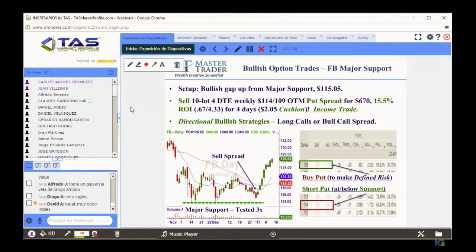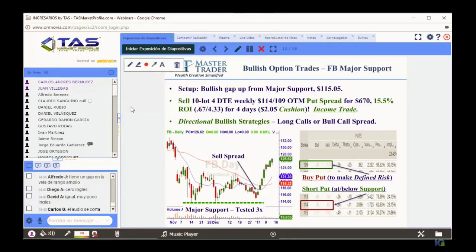Well, right there, that shows you the following days of Facebook after the day we entered it. So if you made a directional long play, you've made significantly more money than selling a bull put spread, but selling spreads, in our opinion, is so much less stressful because this pattern looks higher.